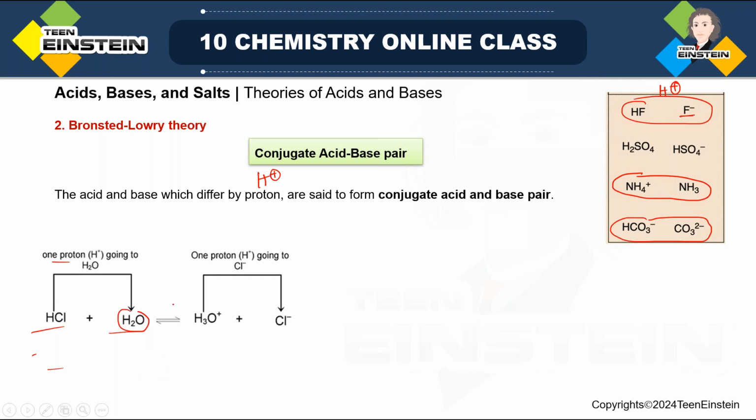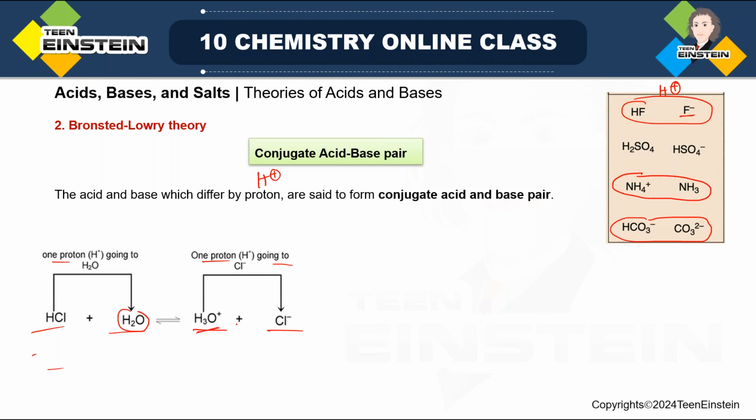Now once it is so, look at the right hand side, there will be an equilibrium obviously. On the right hand side, H2O is converted to H3O plus and HCl is converted to Cl minus. Here also, one proton can go to Cl minus. If this H3O plus donates a proton, that will go to Cl minus.